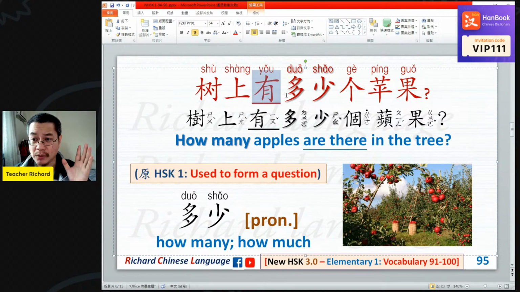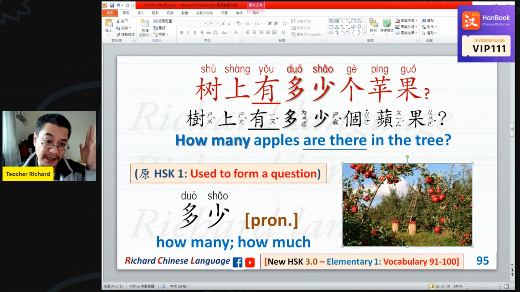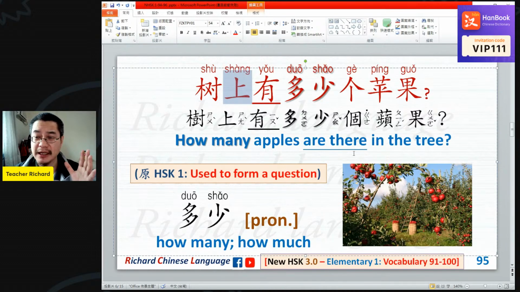树上有多少个苹果？ Okay, 树 means tree. Apple tree. 上 In English we say in the tree, but in Chinese we say 树上 We don't say 树里 We say 树上 which means in the tree. 有 which means there are. 多少 like how many. 多少个, 个 is the measure word for 苹果. 苹果 means apple.